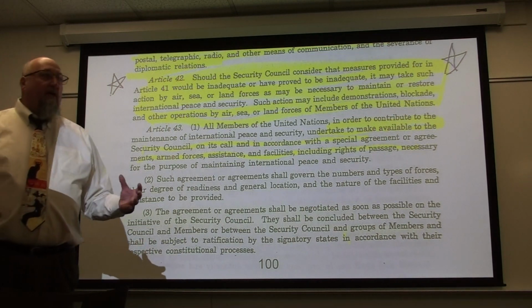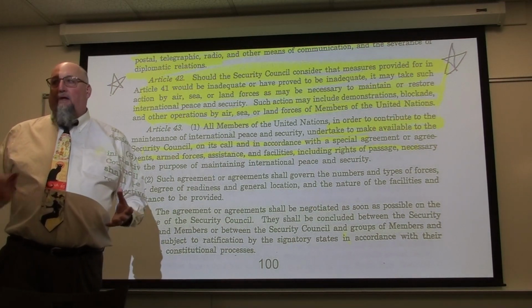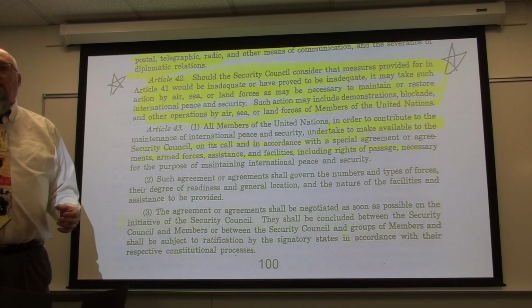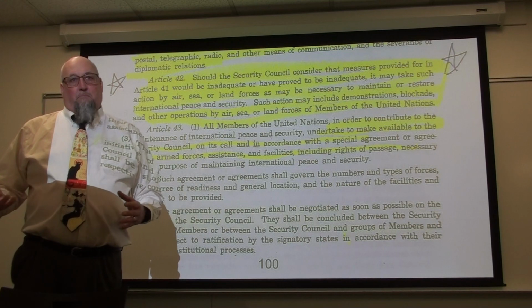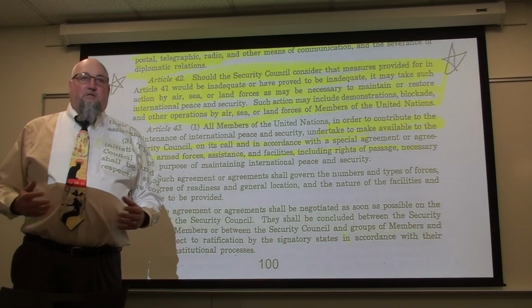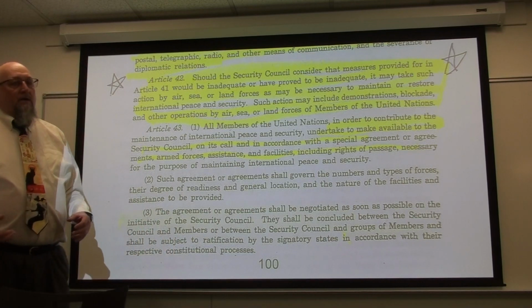Now, with that said, again, you have to remember that the whole structure of the United Nations is post-World War II, meaning the Security Council permanent 5 members, including Russia, China, United States, UK, and France.